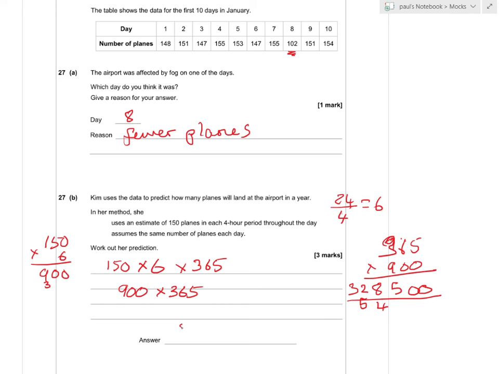So is that 328,500? Is that how that's worked out? 328,500. Okay. Seems a reasonable number. It's a lot of planes.